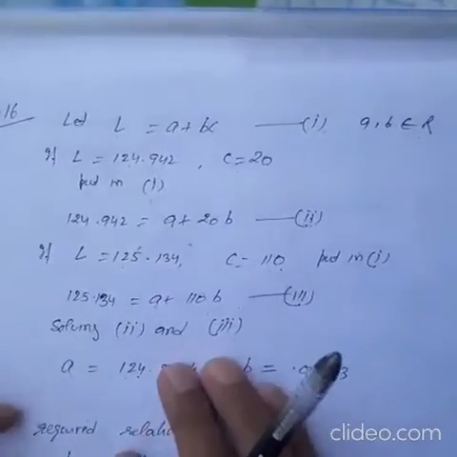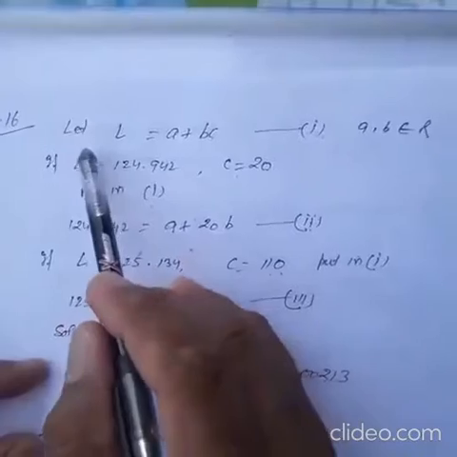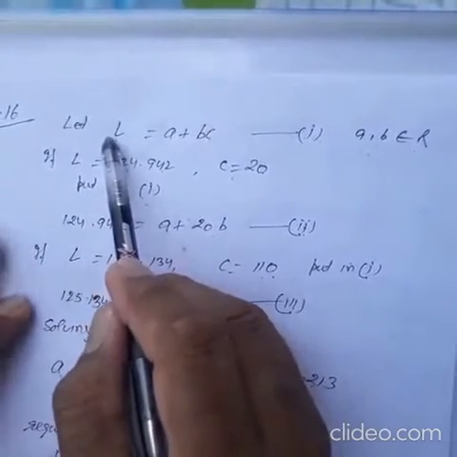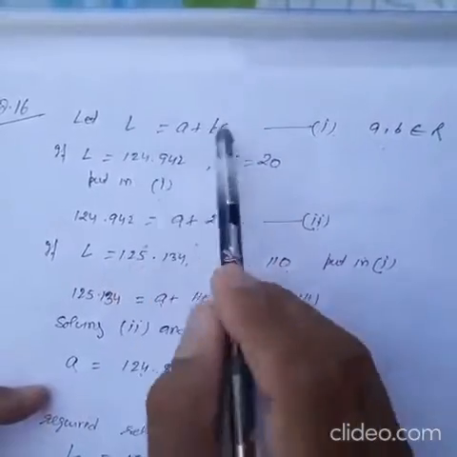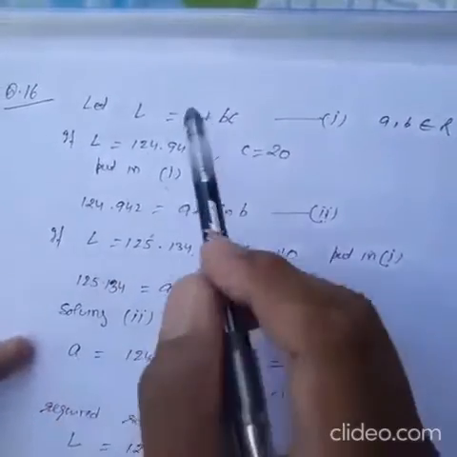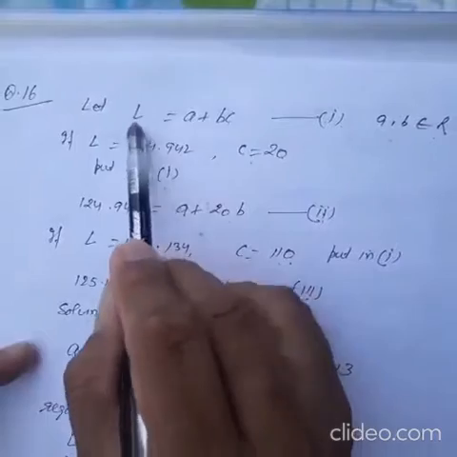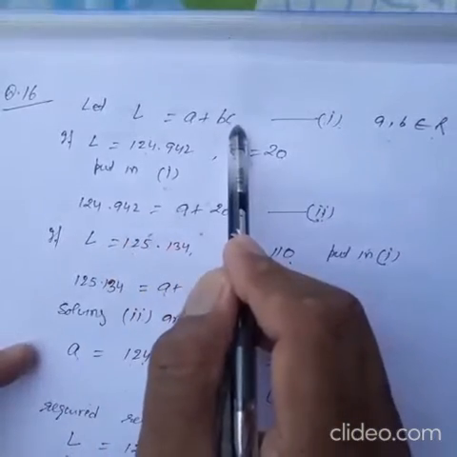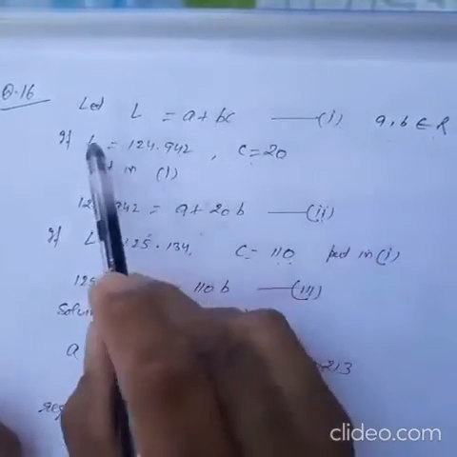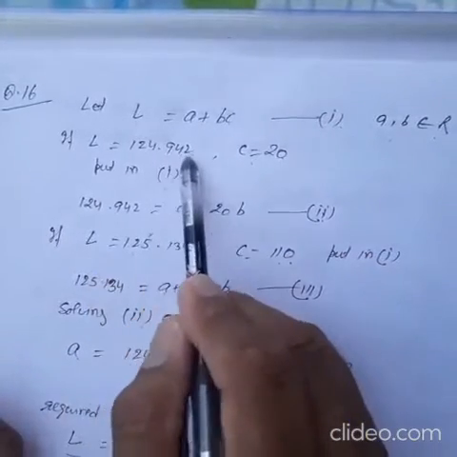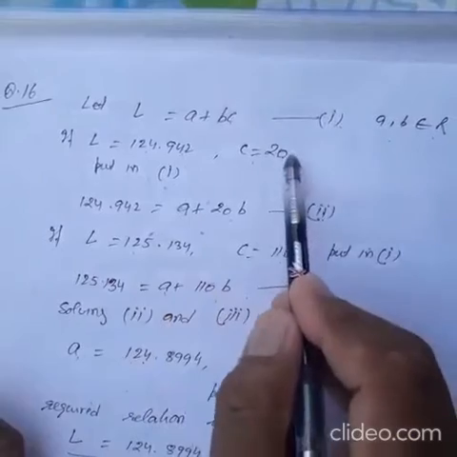Now question number 16. In this question we are given L and C, which are related by a linear relation, and let the required relation be L is equal to a plus bC. Let this be equation 1. We are given L is 124.942 when C is 20.